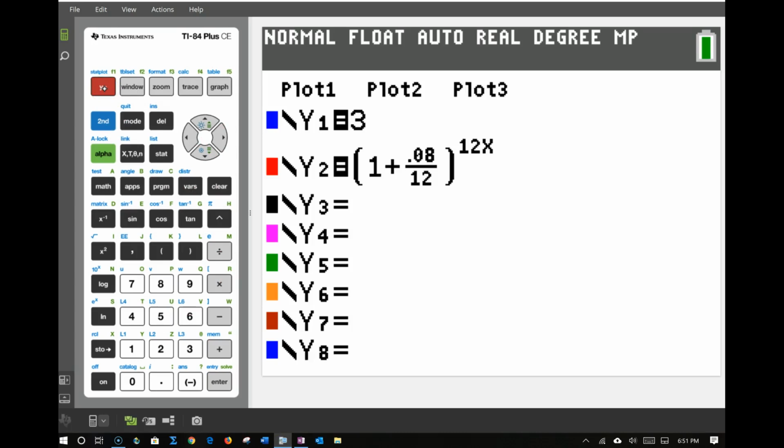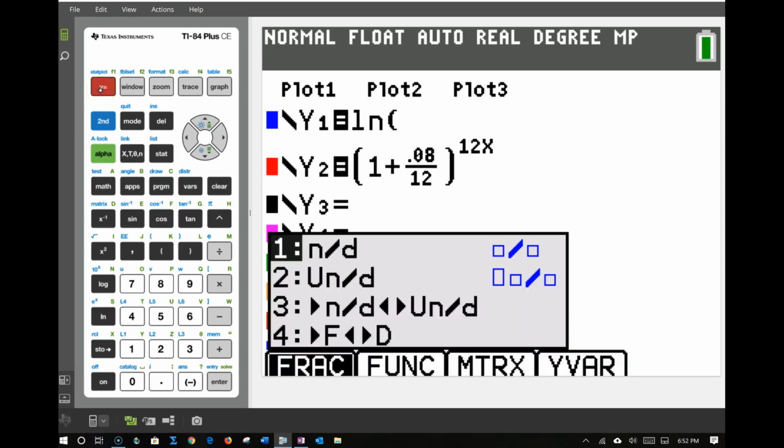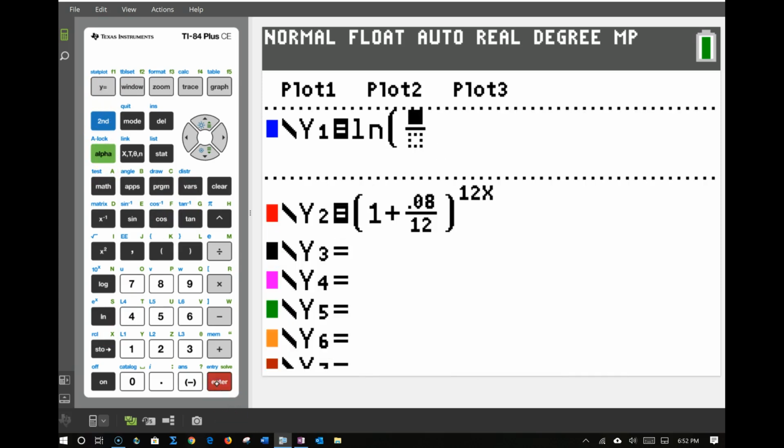Let's change what we got here. I'm just going to go natural log of, and alpha y equals again. Enter. We got 2x squared plus 3 all over x squared plus 1. All right, that's going to be our first one.